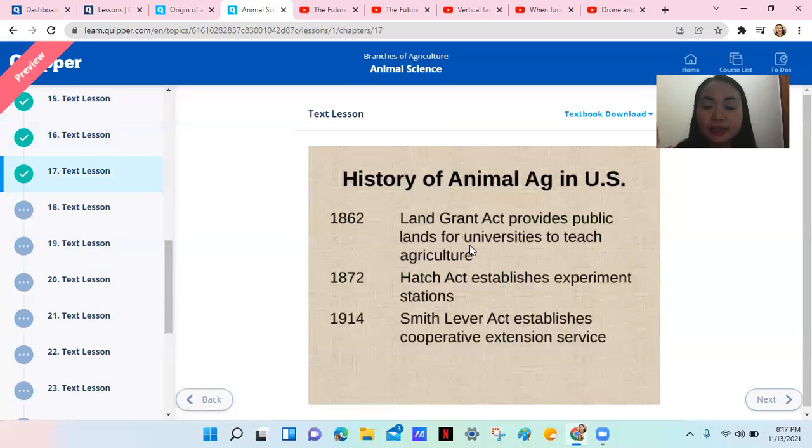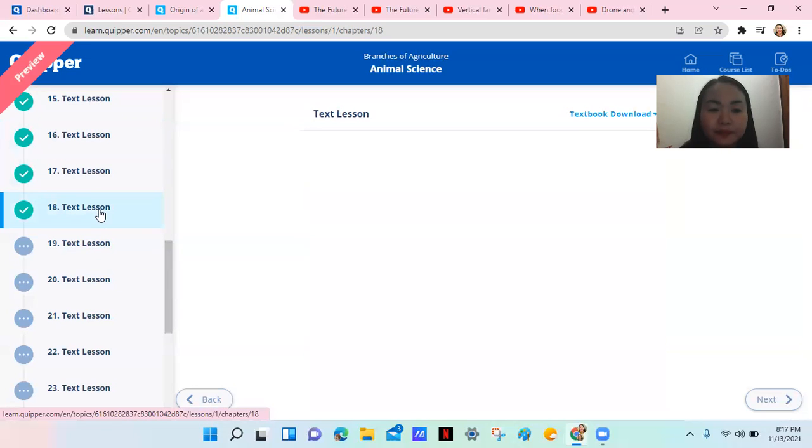So there came a time like that, and in 1862 there was the so-called Land Grant Act, which provides public lands for universities to teach agriculture at this point, and the Hatch Act established experiment stations in 1872, while the Smith-Lever Act established the cooperative extension service in 1914.